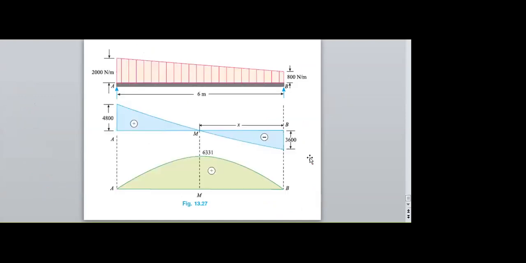So while substituting, I will get the bending moment diagram as well as the shear force diagram like this. Here the shear force diagram will be positive at the beginning and end at negative, and the bending moment will be the opposite.